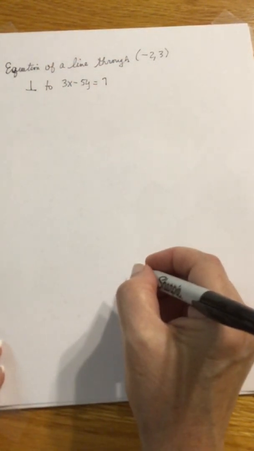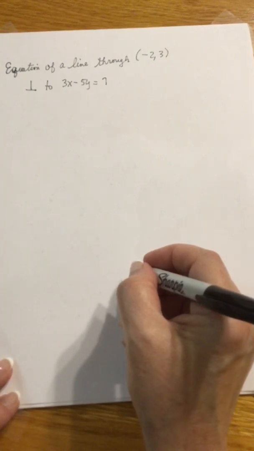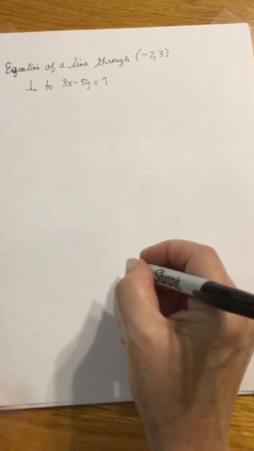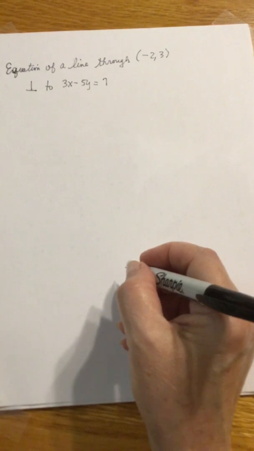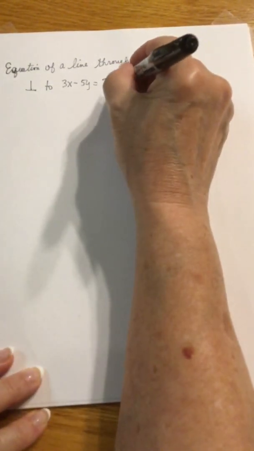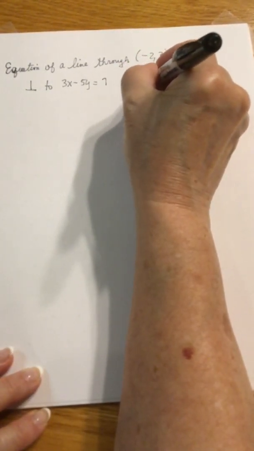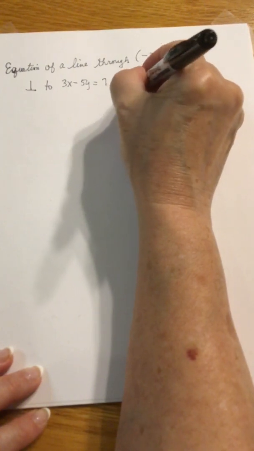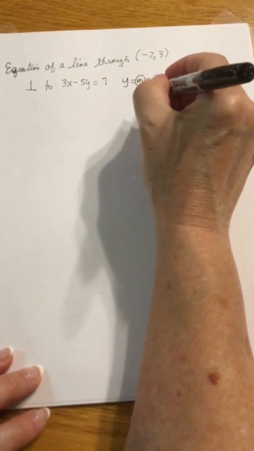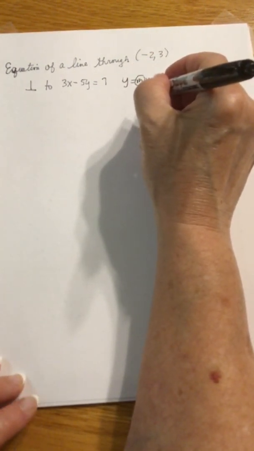Now, when we say equation of a line through -2, 3, perpendicular to, now we're looking at finding still y equals mx plus b. So we can find the m, but we've got to remember perpendicular means opposite reciprocals.